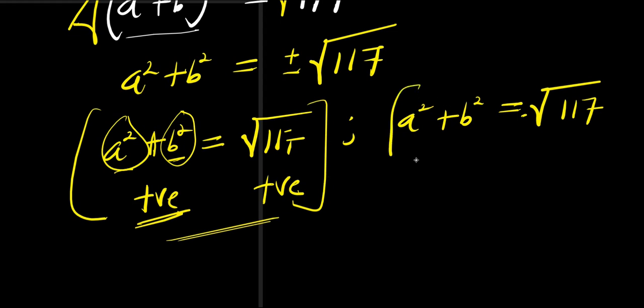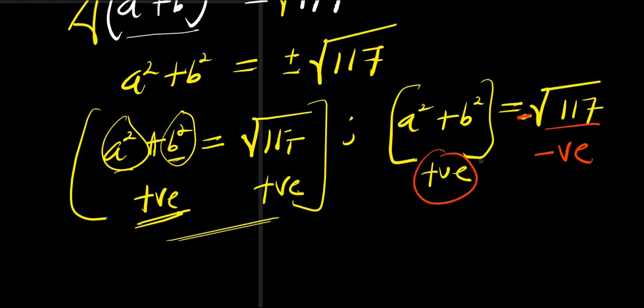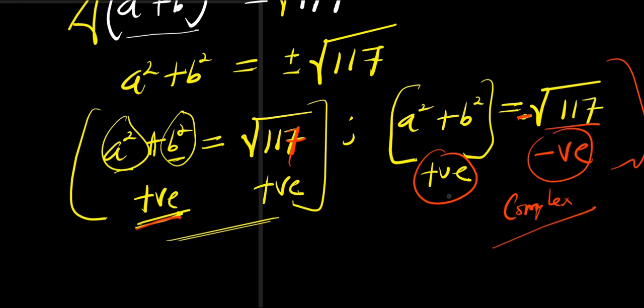And here, a squared plus b squared is positive, but there is minus here, which is negative root of 117. So negative root of 117 here will give us negative, because this root of 117 is positive, and once you multiply with this negative, you have negative. That means this is a complex solution. And we are only going to concentrate on real solutions right now. So let's concentrate on positive and leave the negative, which is complex solutions.